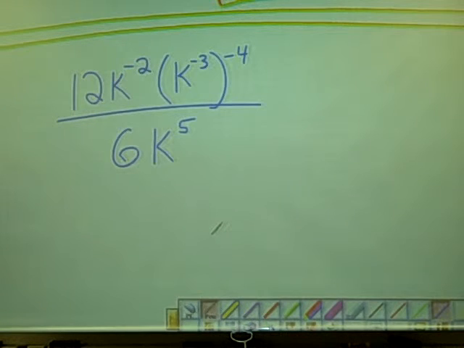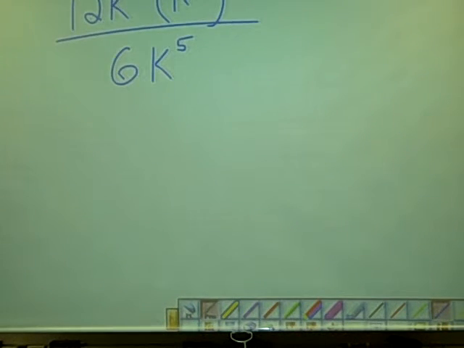So, Travis, what would we do here? K to the 3rd and to the negative 4. Okay, good. We're going to multiply 3 times -4, right? And I'm going to go across here because I may not have enough room.